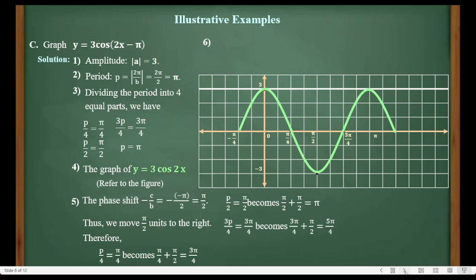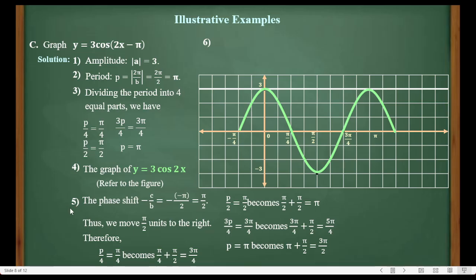That will give us 5 pi over 4. And then for the final value p, which is pi, added by pi over 2, that will give you 3 pi over 2. Okay, so we are done with the fifth step.